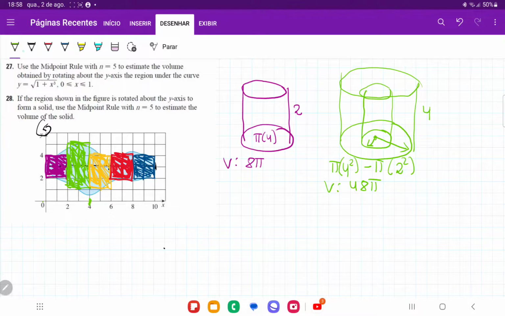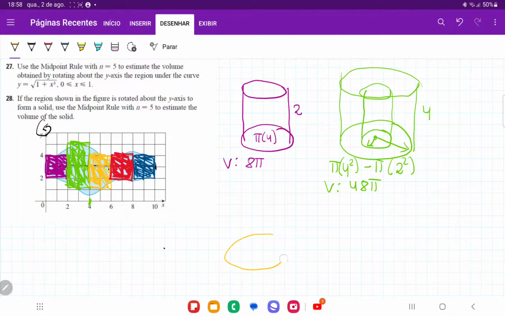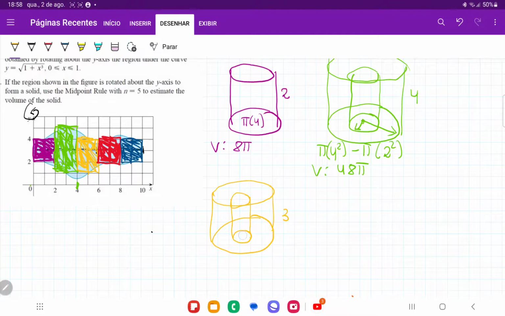Okay, let's do the third one. Once more, it's going to have a hole in it when we revolve it about the y-axis. It's going to be like so. It has a height of 3, so that's 1, 2, 3 little squares. And for the base, once more, we want just the area of this part here, so that's the bigger radius minus the smaller one, right?